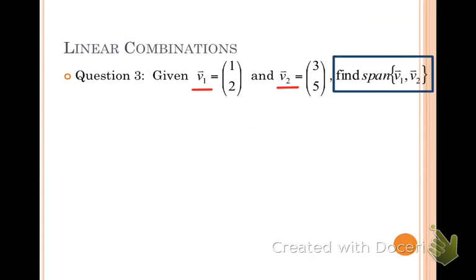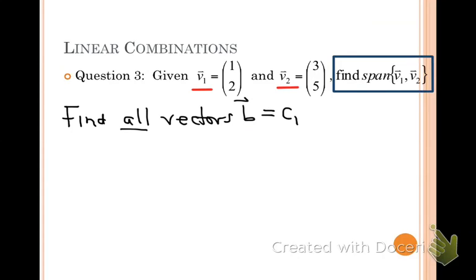If we were to write that in language, it means find all vectors b that can be written as a linear combination of the vectors v1 and v2.